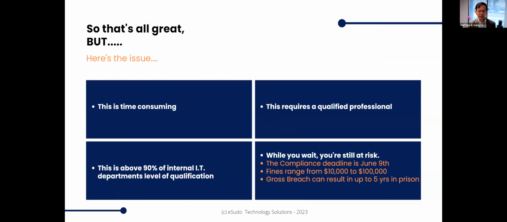And oftentimes, the question that was asked earlier is, what happens if you don't comply? As we talked about earlier, if you don't comply by June 9th, fines can range from $10,000 to $100,000 per violation. And if you've shown gross negligence, it can result in up to 5 years in prison.